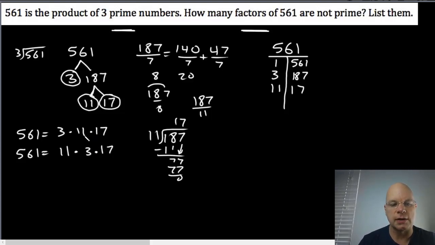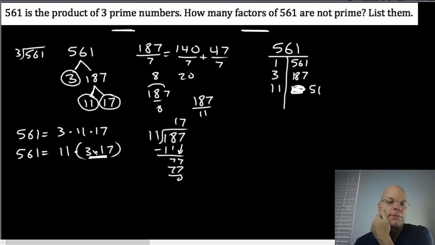I just associated my expression here. So 11 multiplied by this product is 561, not 11 multiplied by 17. And 3 17s is 51, so 11 multiplied by 51. But you still see how knowing the prime factorization helps you find that factor pair more quickly, more easily. It would have been very easy if I would have done it right in the first place.